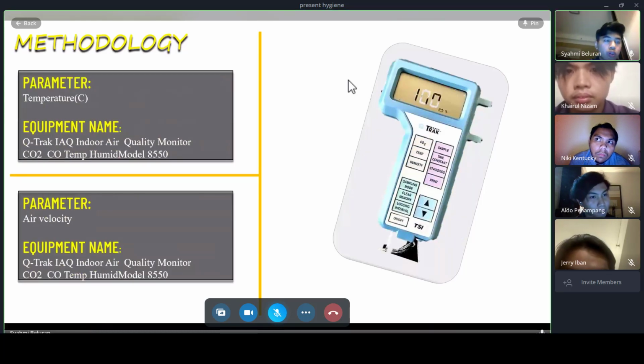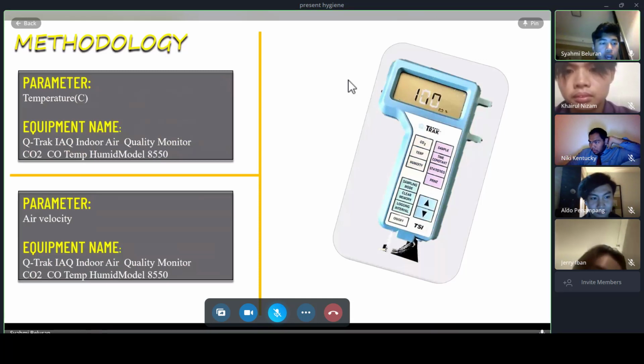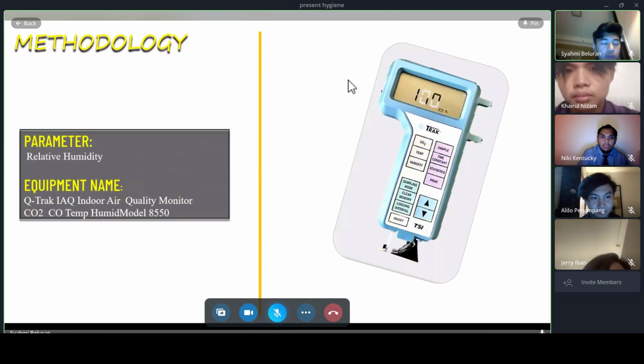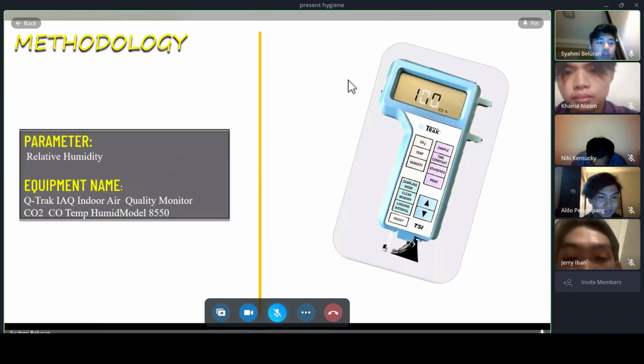We use a Q-Track IAQ indoor air quality monitor, CO2, CO, temperature, humidity, model 8550. And for ventilation and relative humidity, we use the same equipment as temperature, which is the Q-Track indoor air quality monitor, CO2, CO, temperature, humidity, model 8550.